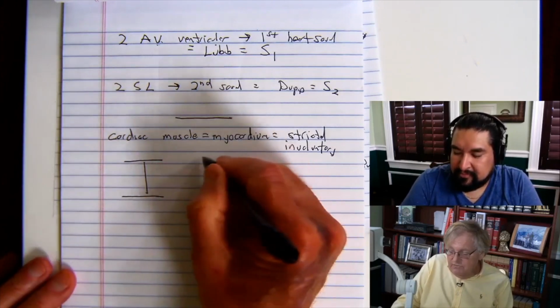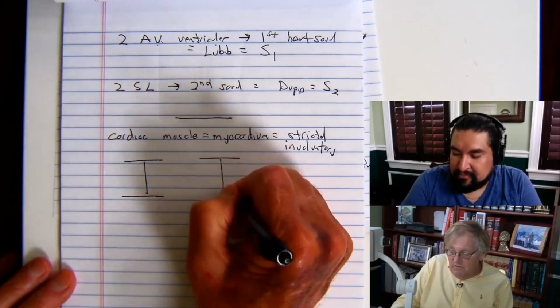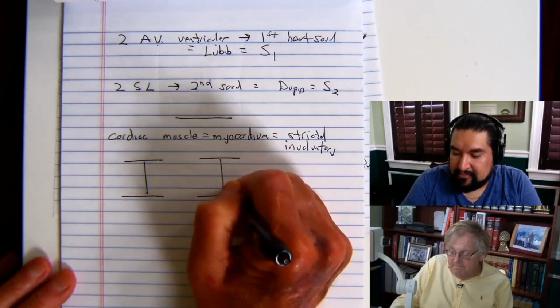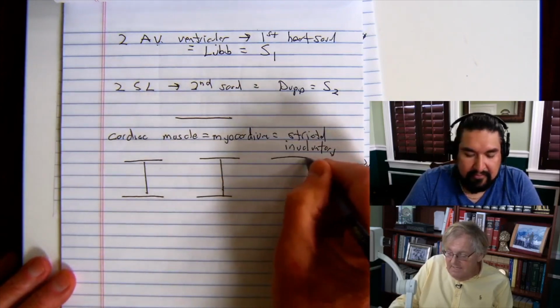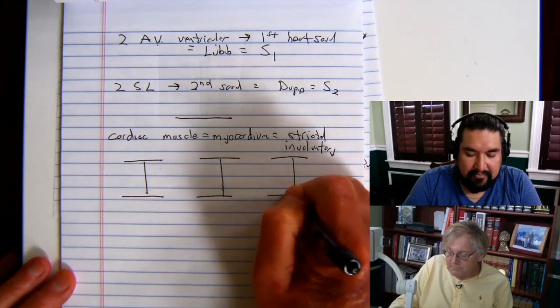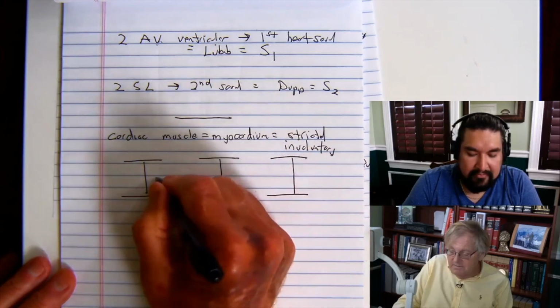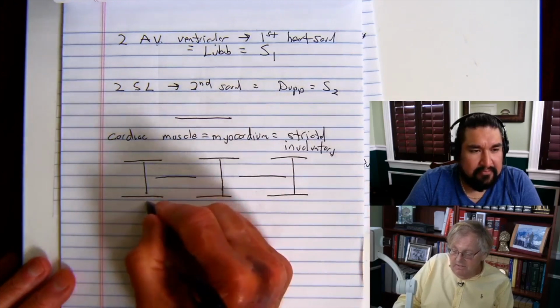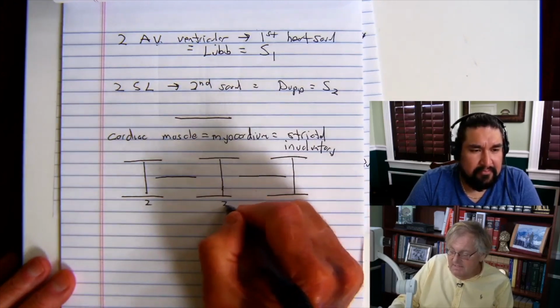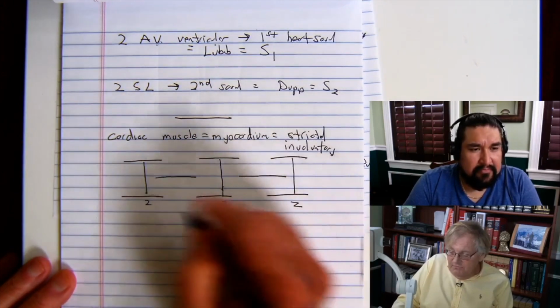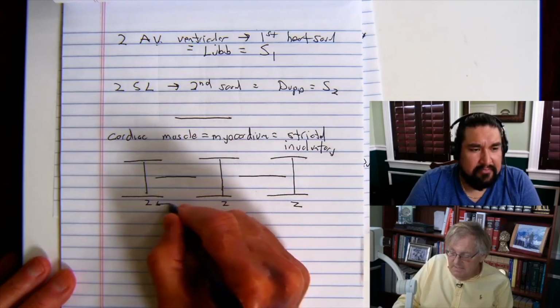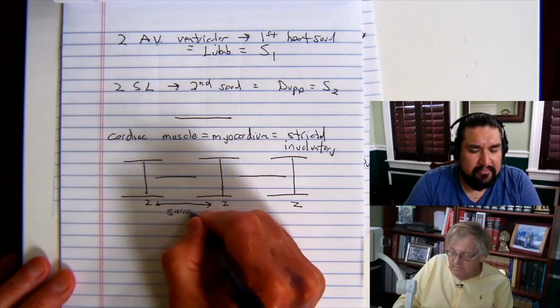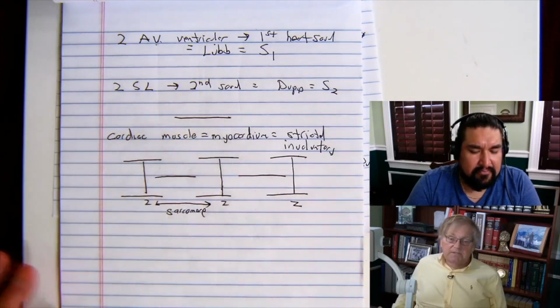If I just drew something that's traditionally called a sarcomere in muscle, and just said this was taking a piece of skeletal muscle but turning into cardiac muscle, this, you may recall, is a Z line, a Z line, and a Z line. And from one Z to the next Z was a sarcomere, which is the functional unit of skeletal muscle.